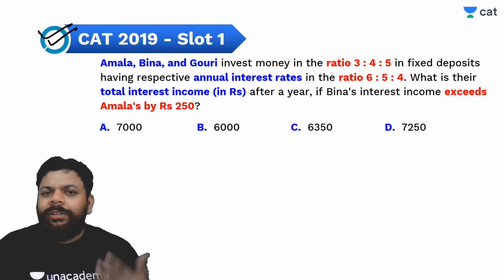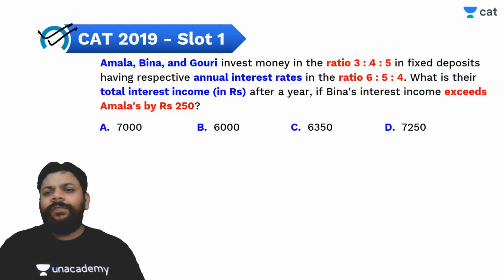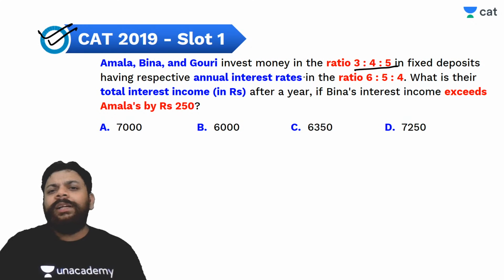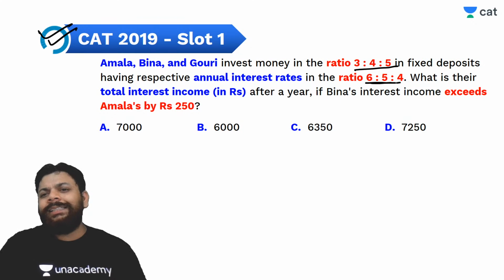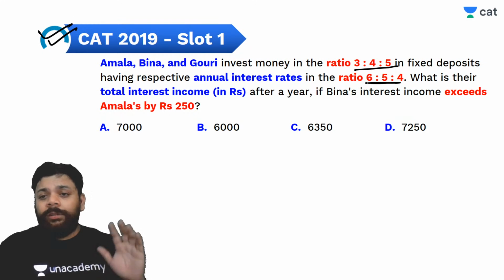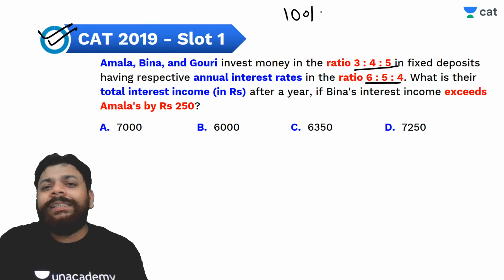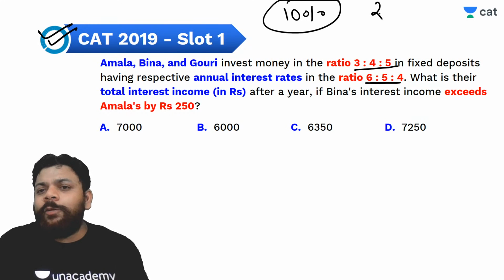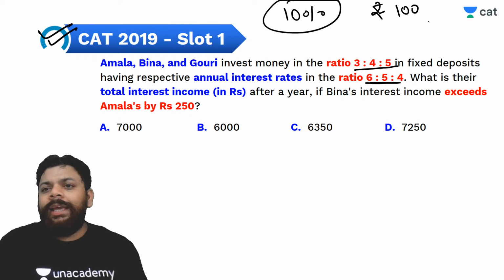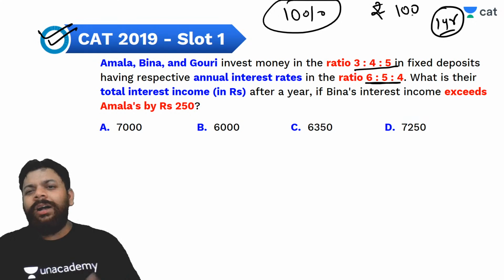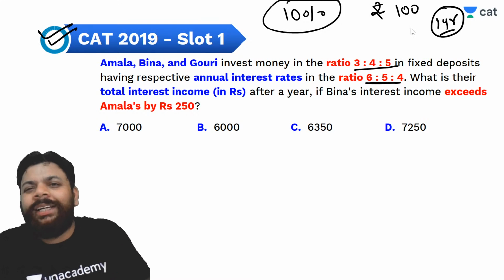Amla, Bina and Gauri invest money in the ratio of 3:4:5 in fixed deposit having respective annual interest rate, that is 6:5:4. अगर इंटरेस्ट कुछ भी है, मैं बोलूं अगर 10% से मैंने 100 रुपीज इन्वेस्ट किया है 1 साल के लिए, ये हालांकि SICI में होगा बट स्टिल यहाँ पे है तो थोड़ा देख लेते हैं.